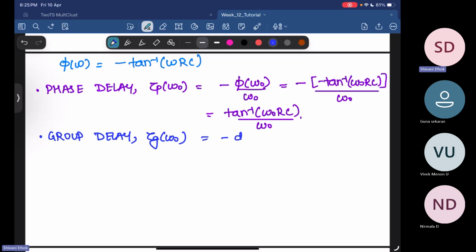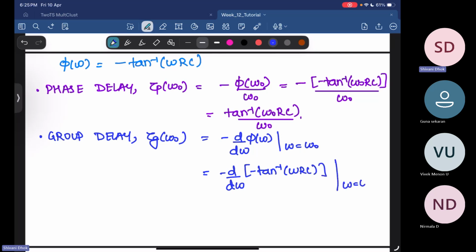This is minus d by d omega of phi of omega, which is equal to minus d by d omega of minus tan inverse of omega RC, evaluated at omega equal to omega naught. Derivative of tan inverse of theta is 1 by 1 plus theta square.